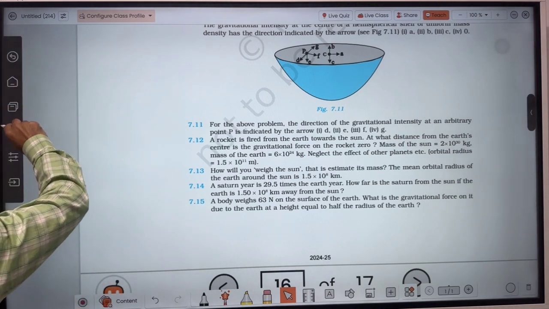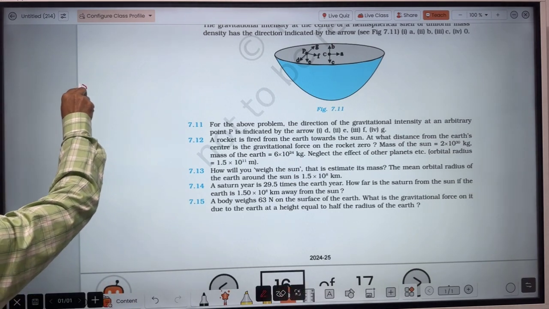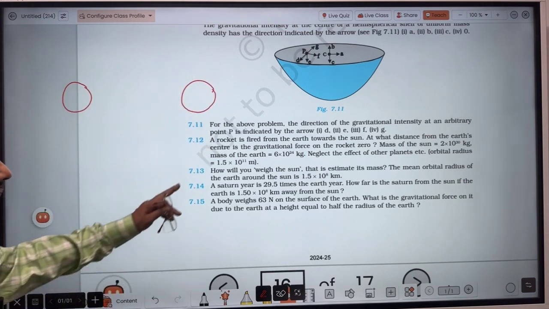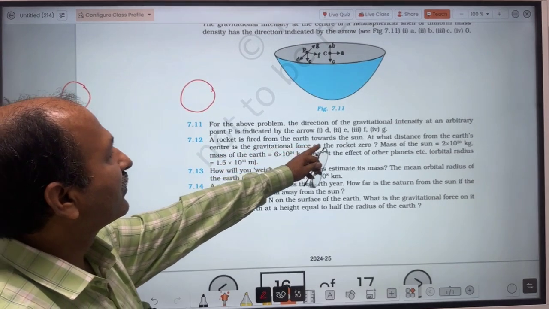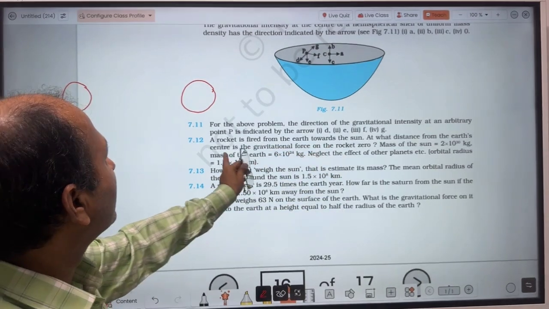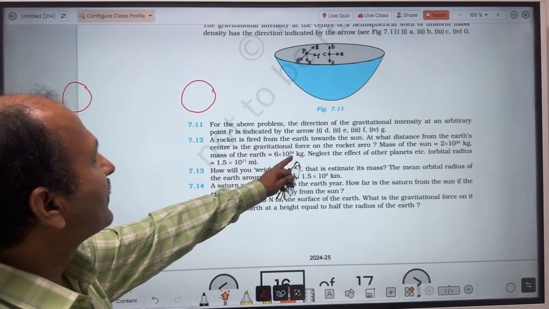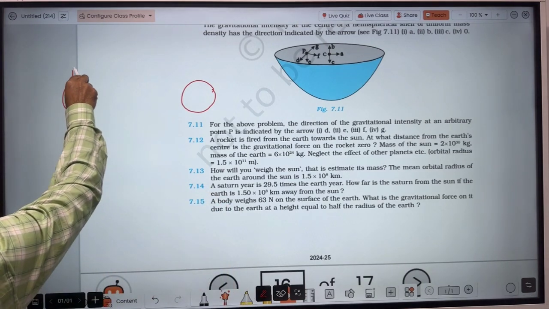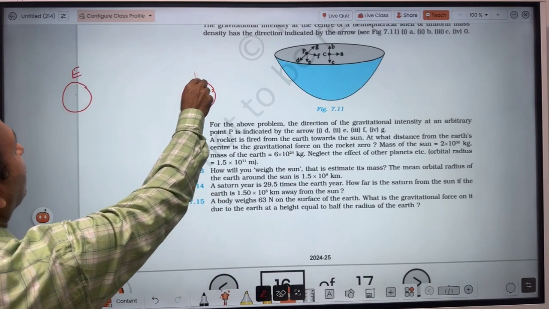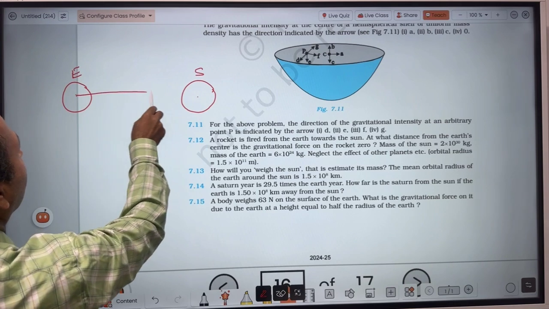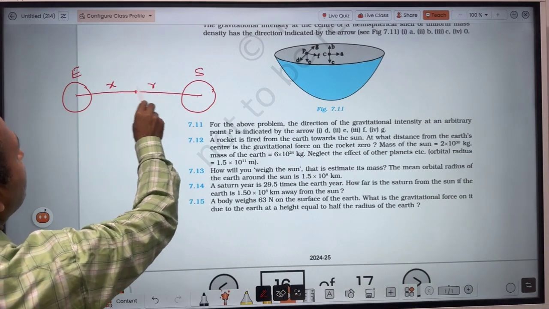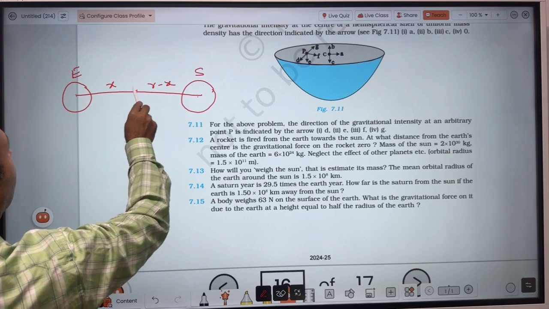They are saying that this is earth and suppose this is sun. Read the question once again. A rocket is fired from earth toward the sun. At what distance from the earth's center is the gravitational force on the rocket 0? So this is earth and this is sun. Suppose this distance is x. Total distance is r, so this is r minus x.